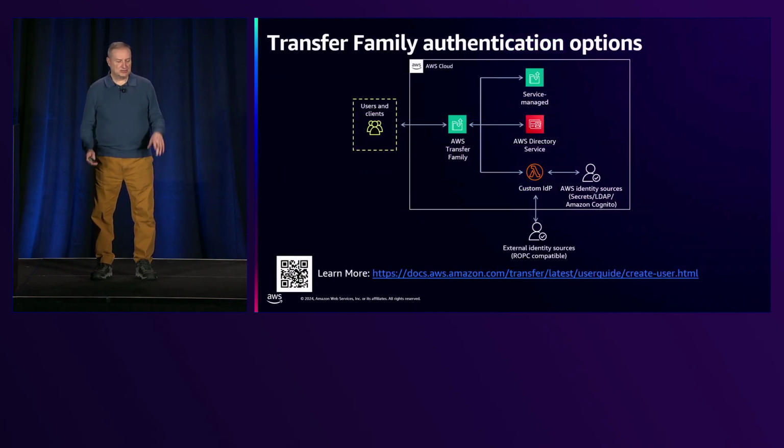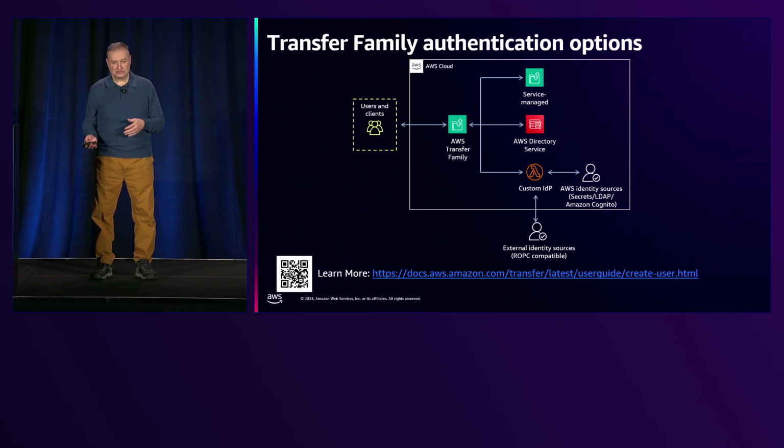Let's drill down a little bit on the authentication options here. If your user authenticates using SSH keys, you can simply use Transfer Family managed users. However, if you want password authentication, then we offer direct integration with AWS Directory Services.